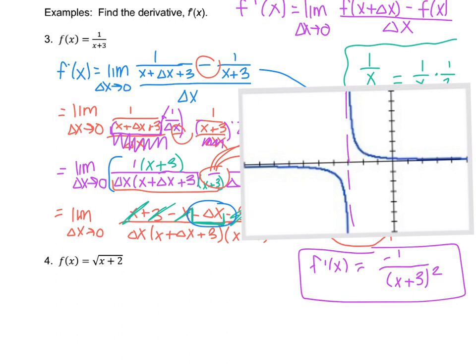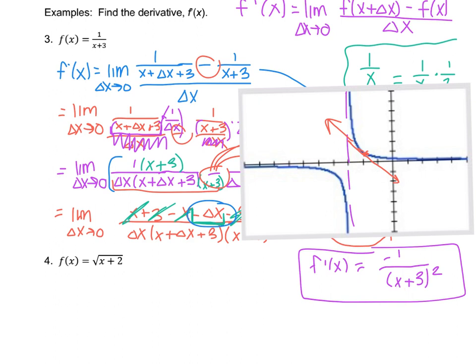Well, if I can figure out the slope of the tangent line at negative 2, which is going to look something like that, then I know exactly how this function is changing at negative 2. So now that I have this formula, f prime of x, this is going to determine the slope right there at negative 2. All I have to do is plug in negative 2 right here.